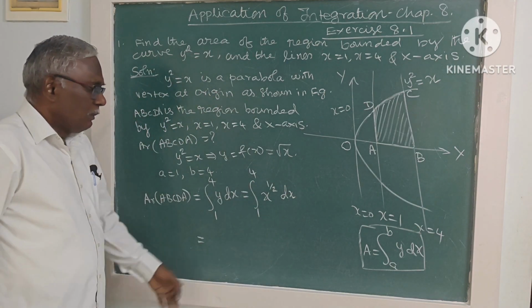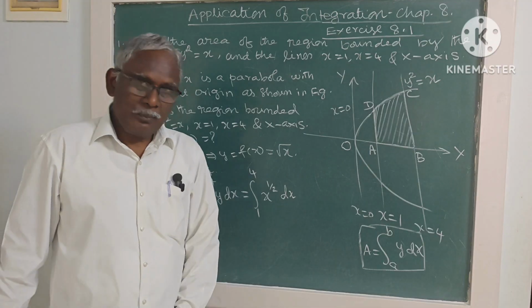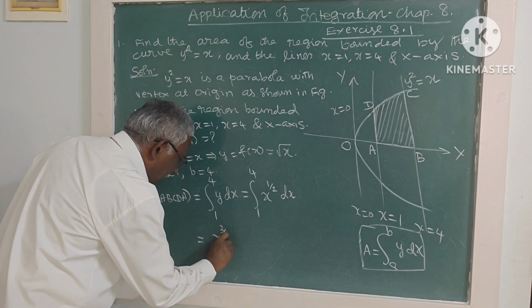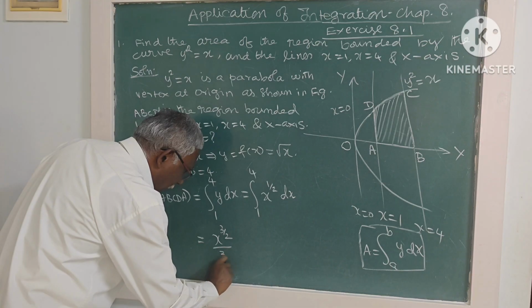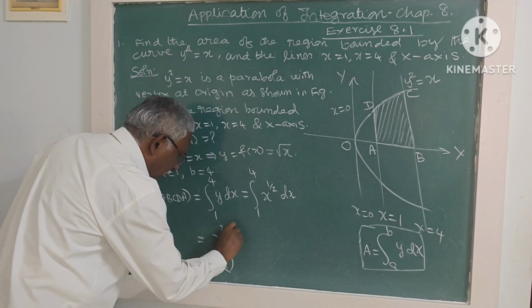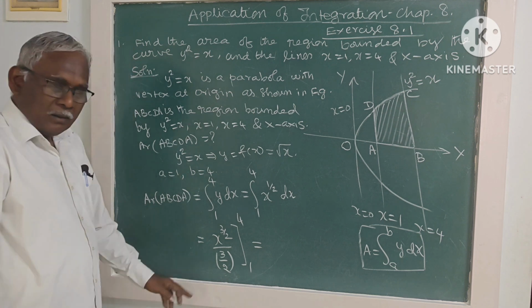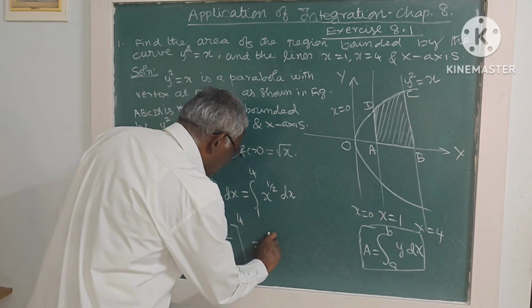On integrating, what will we be getting? X power half plus 1 by half plus 1, that is x power 3 by 2 by 3 by 2, limit 1 to 4. So this is nothing but 2 by 3.